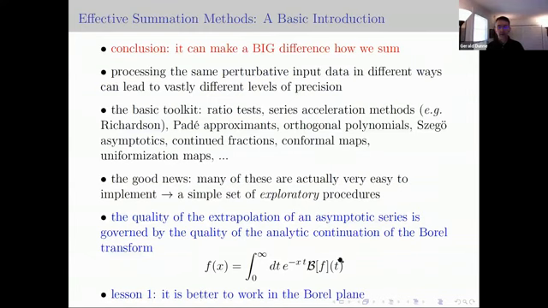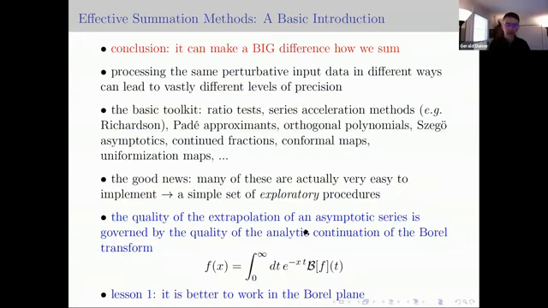I think it's just essentially an inverse Laplace transform. And the reason you make a transform is to take a complicated problem, turn it into something easier, and then take it back again. So the step we want to understand is how well can we analytically continue this guy? Because if we can do that well, then we can get a much higher precision extrapolation of this function.